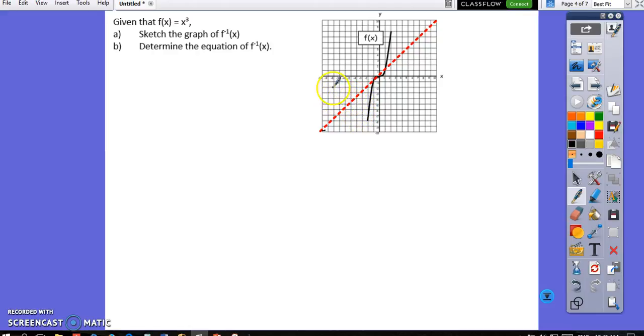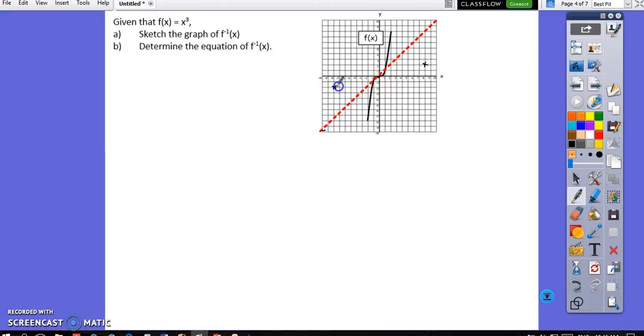If I go along 4 and up 2, I'm going to start here. And I can do the same over here. Here I can go 1, 2, 3, 4, 5, along 5 and down 1, which means along 1 and down 5. Like this. And so I'm going to end up with something that kind of snakes.